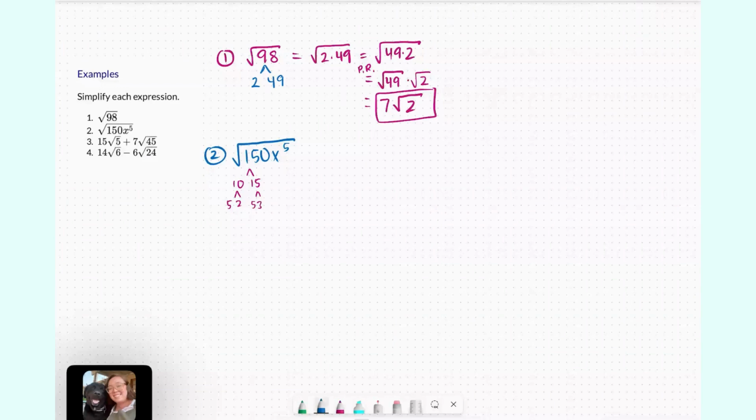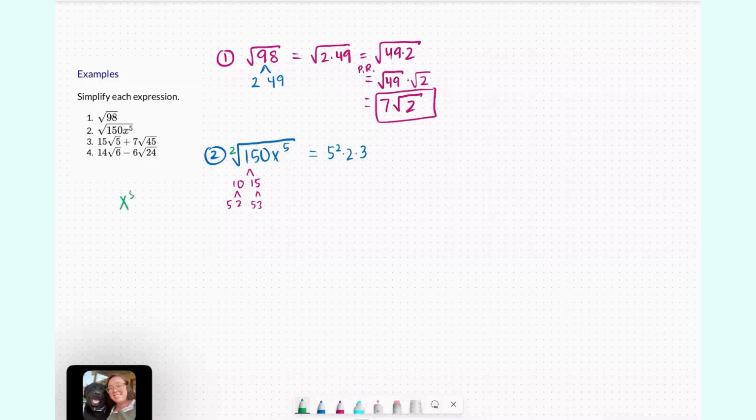So number wise, this turns into 5 squared times 2 times 3. And just like we did above, if you'd rather write that as 25 versus 5 squared or 7 squared instead of 49, that all means the same thing. Do what you're comfortable with. But I also need to factor my x's here. So again, remembering there's an invisible 2, a square root that we're taking, right?